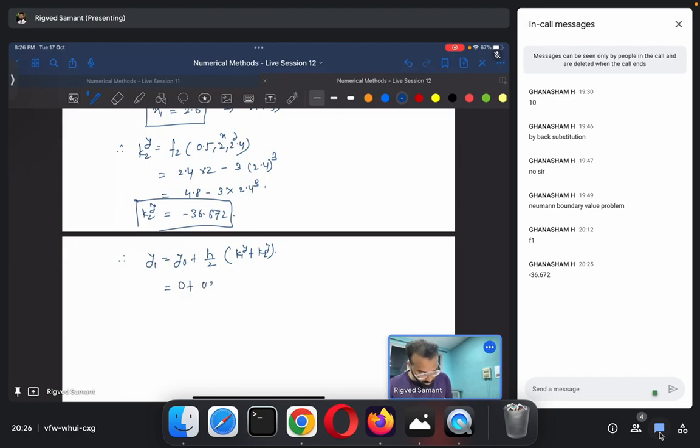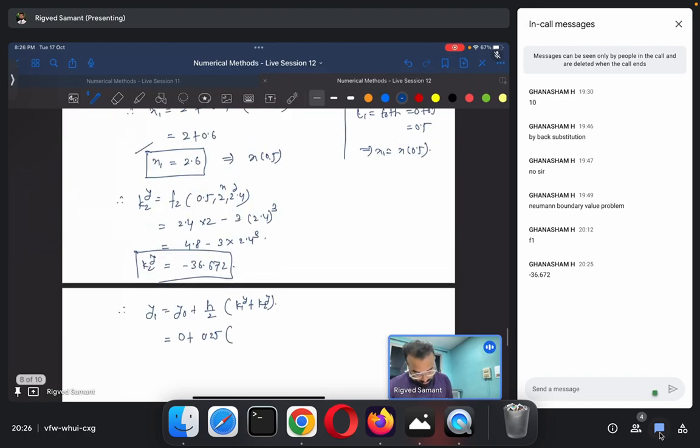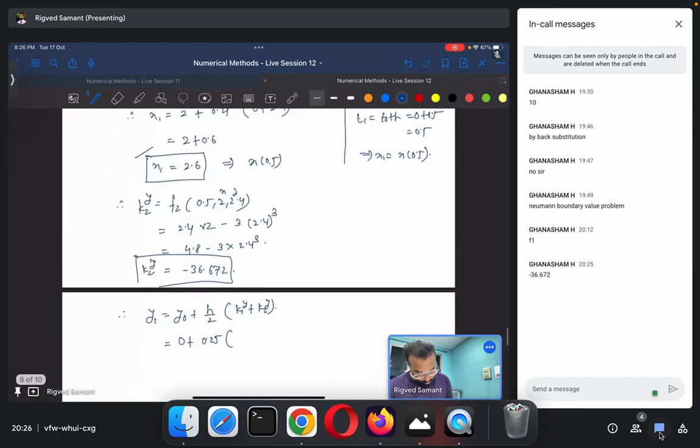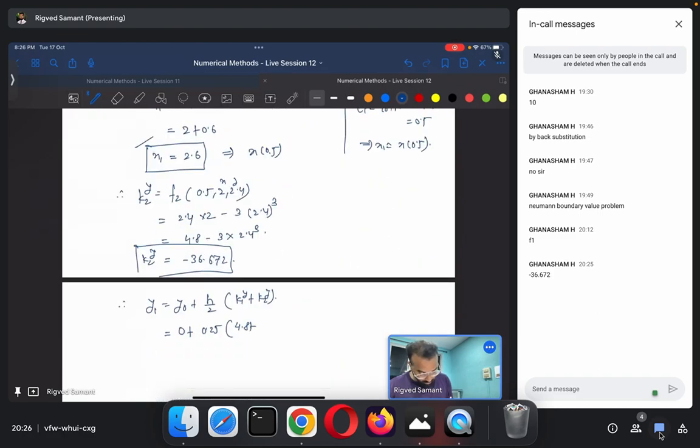This is h by 2, that is 0.25. k1y is 4.8 plus k2y is minus 36.672. So whatever the answer you get, that is your y1.